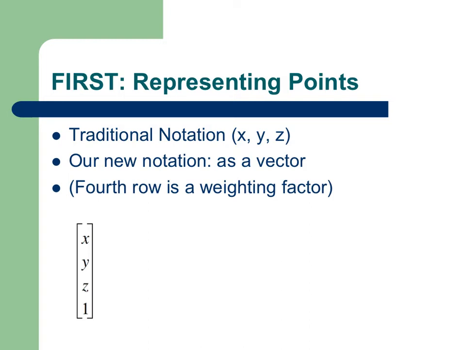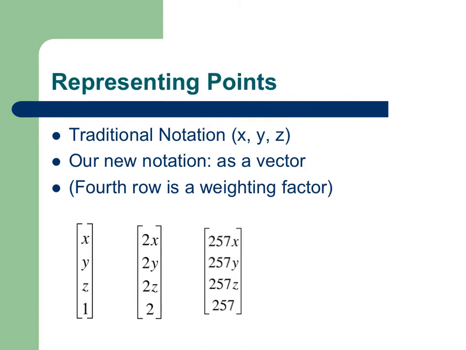But it's actually a weighting factor. So all three of these vectors actually represent the same point, the point x, y, z. You just need to divide each element in the first 3 rows by whatever's in the bottom, and you find that you have the same thing. So that's what I mean by a weighting factor.